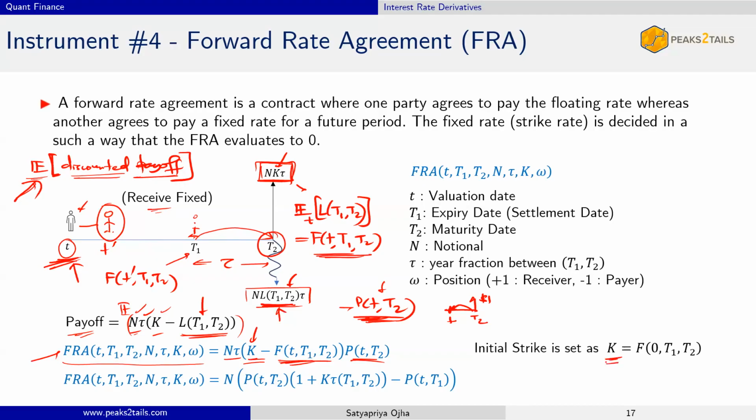K at time zero: I replace small t with zero because this is at inception, not any arbitrary t. At time t equal to zero, this is my strike price K that needs to be fixed. So K is nothing but, at inception, what is your forward rate between T1 and T2 at time zero? That's the K.